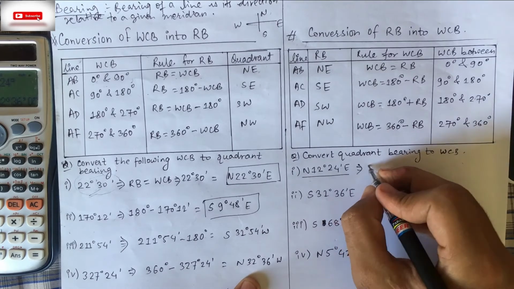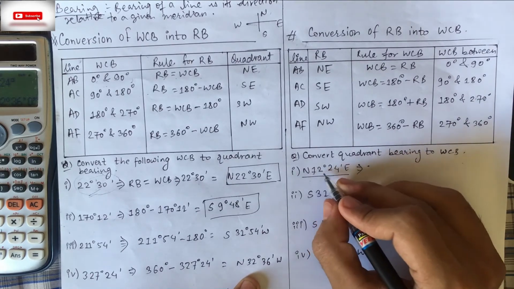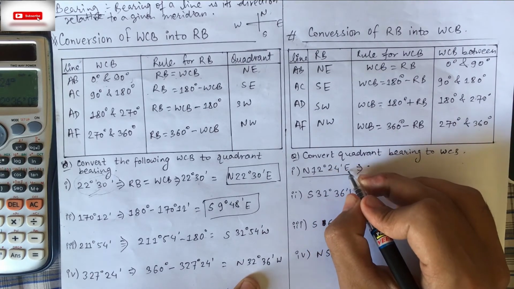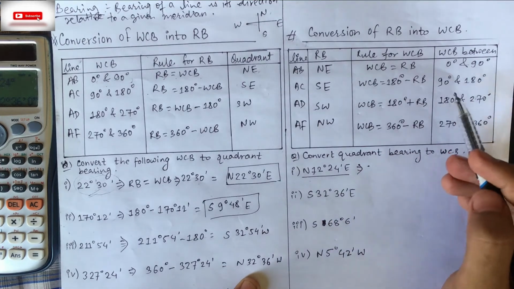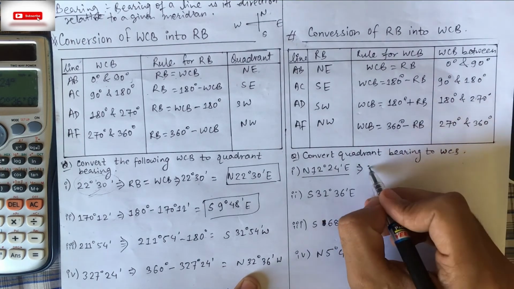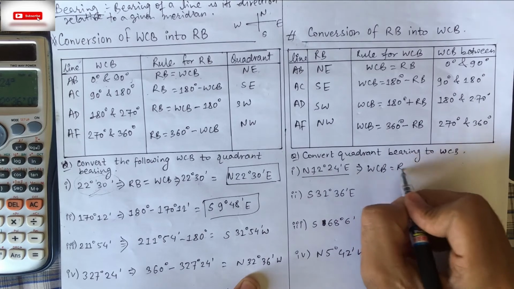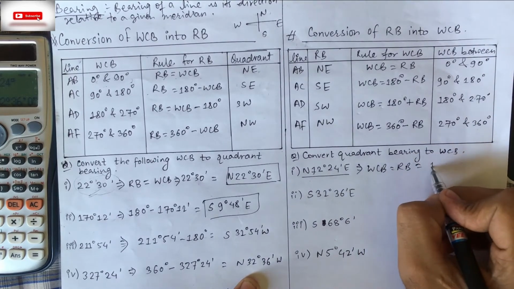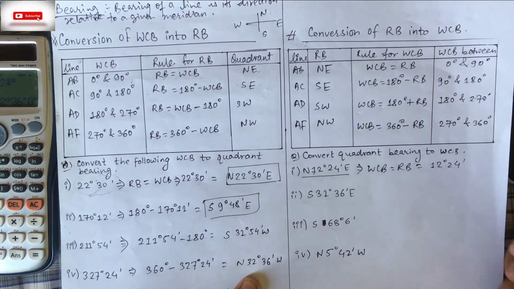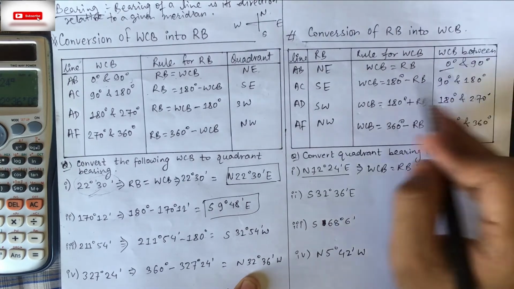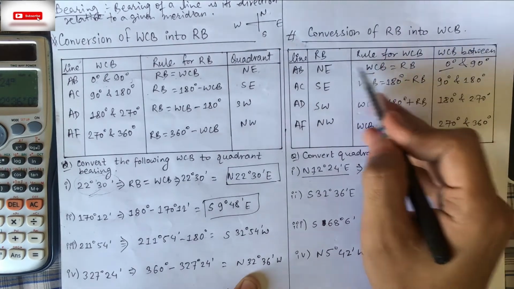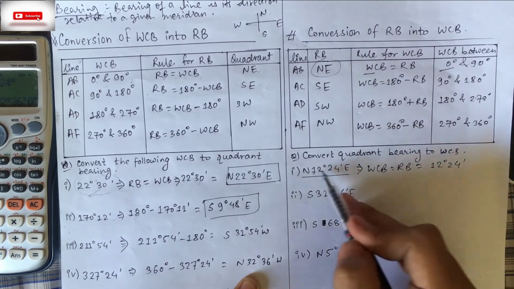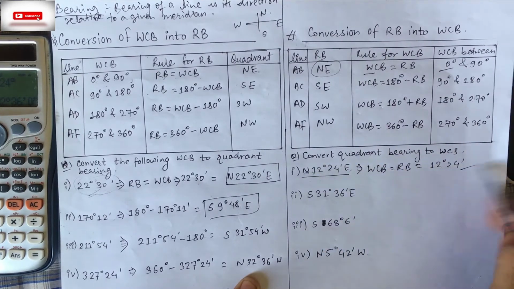So what will be here? North 12 degree 24 minute east falls between 0 degree and 90 degree. So WCB is equal to RB, which is 12 degree 24 minute. North is already given, so we'll neglect this and write the value.